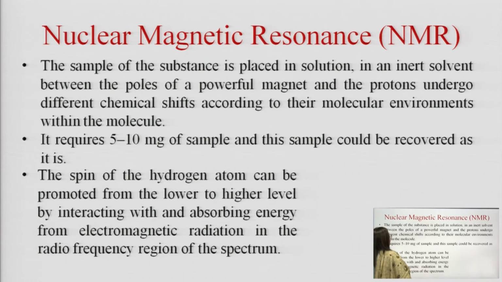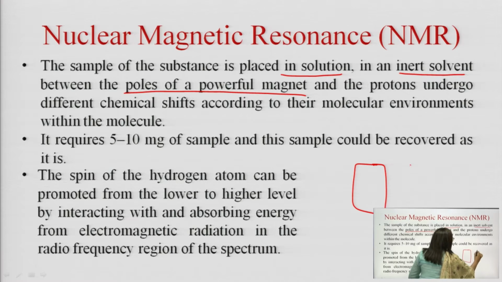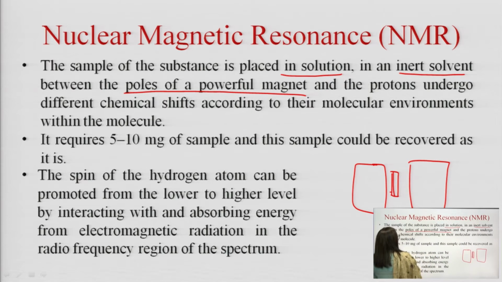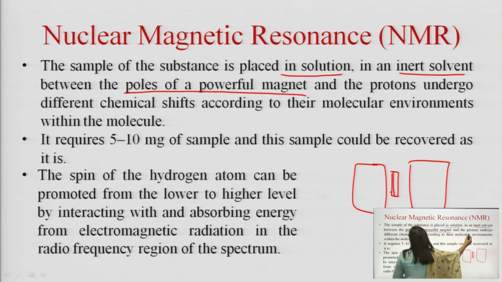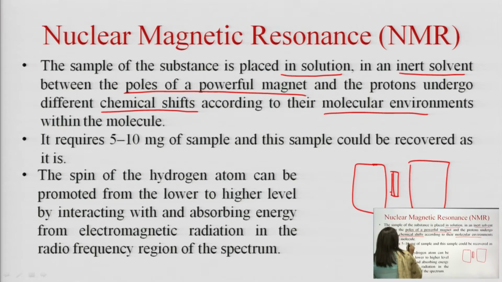The sample of the substance is placed in a solution in an inert solvent between the poles of a powerful magnet. There are two poles of a powerful magnet, and in between the sample is kept. Protons undergo different chemical shifts according to their molecular environment within the molecule.